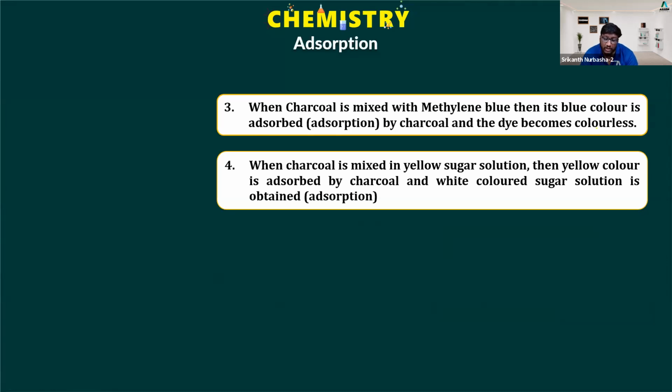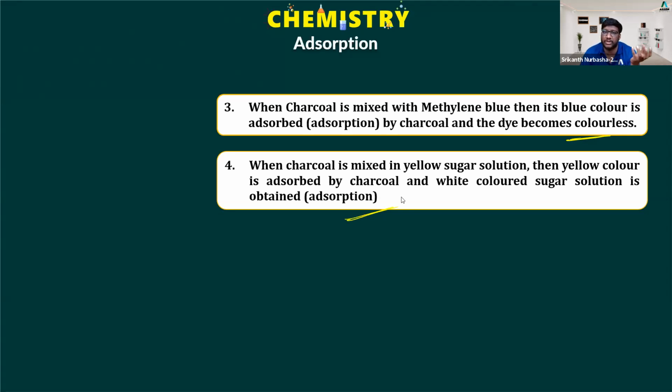What happens when charcoal is mixed with methylene blue? Its blue color is adsorbed by charcoal. The charcoal is adsorbing the blue color of the methylene blue. Thereby, the dye becomes colorless. When charcoal is mixed in yellow colored sugar solution, then the yellow color is adsorbed by charcoal and white colored sugar solution is obtained, which is again a phenomenon of adsorption.